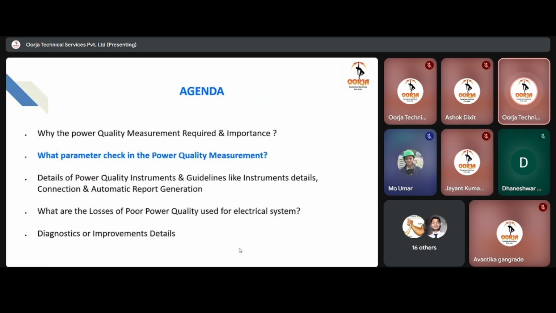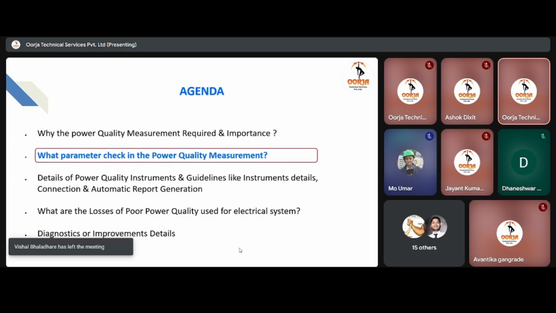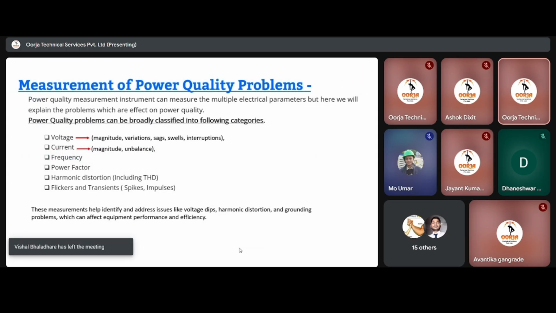In the next slide, what parameters are checked in power quality measurement? Measurement of power quality problems. Power quality measurement instruments can measure multiple electrical parameters, but here we will explain the problems which affect power quality.